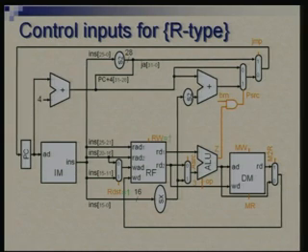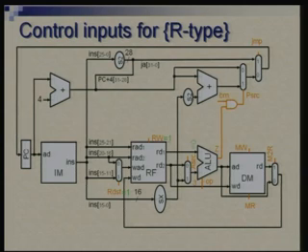RW, which tells whether the register file has to take in a new value or not, this also needs to be made 1, because you are writing something into the register file. ALU source is 0, we want to take the top input. MW is 0, we are not writing into memory. MR is 0, we are not reading from memory, and M2R is also 0, because we are taking the bottom input of the multiplexer.